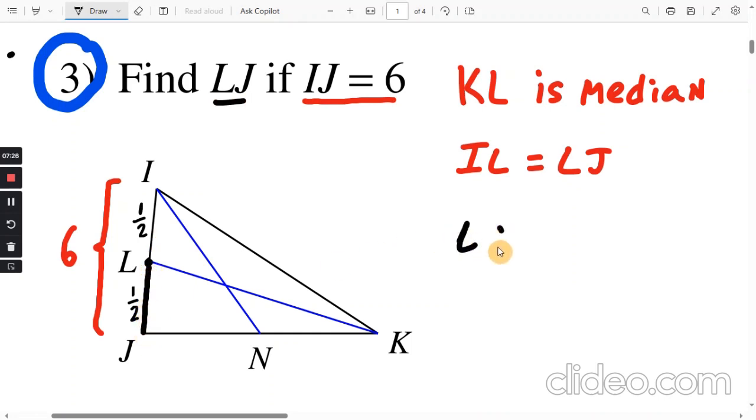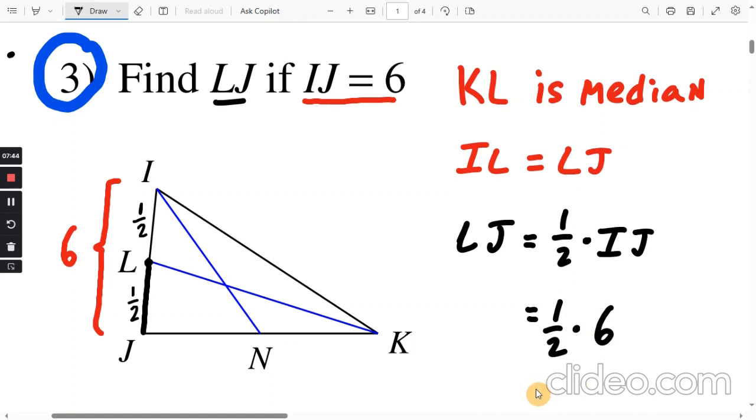LJ is going to equal half of this whole thing, so that's IJ. And we said that IJ was 6. That's given in the problem. So 1/2 of 6. Of course, that's just 3.